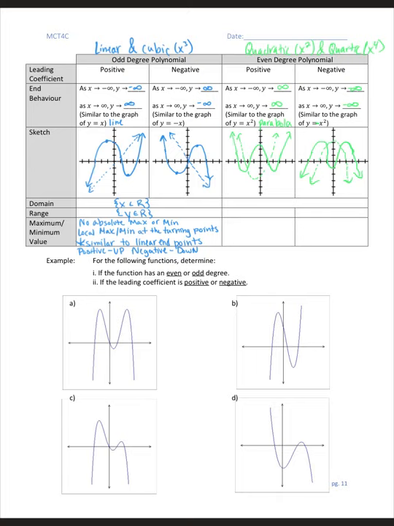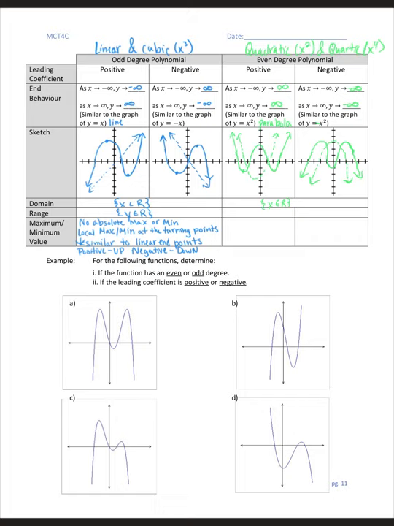So if we look at our domain, again, whether it's even or odd, those endpoints continue on out in either direction on our x's. So our domain is going to be x for all real values. If we're looking at an even degree polynomial that's positive, we can see that we have some minimums here.